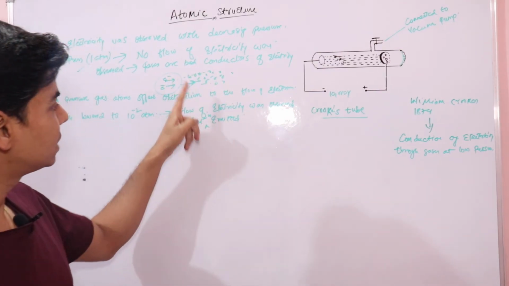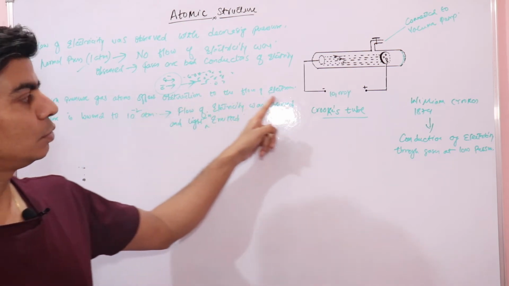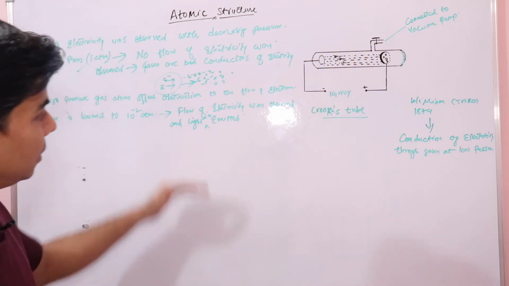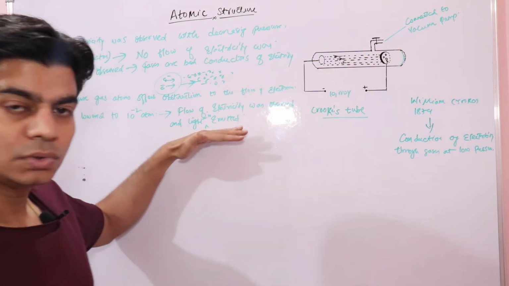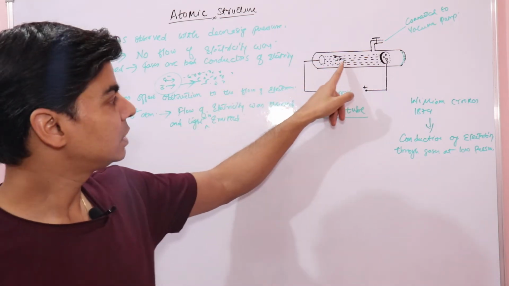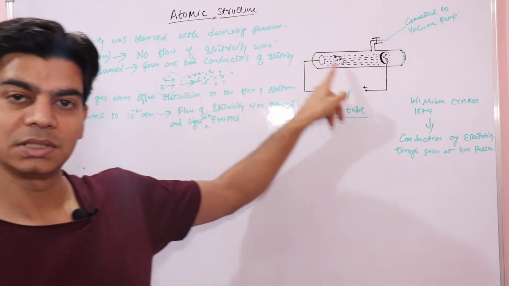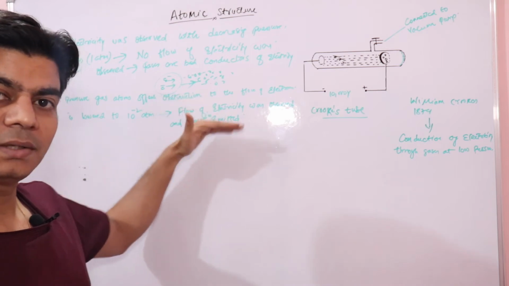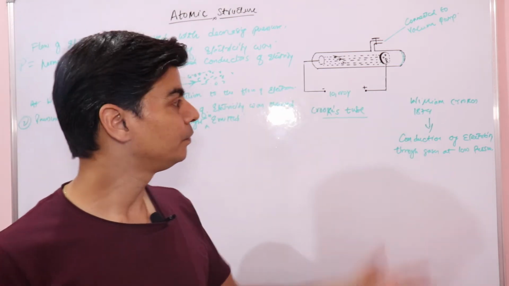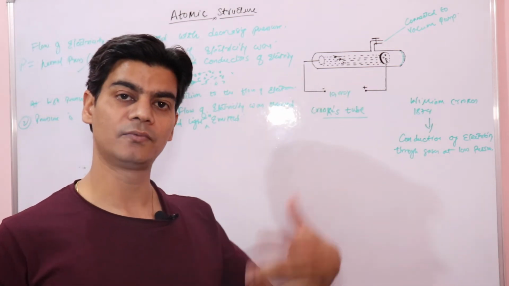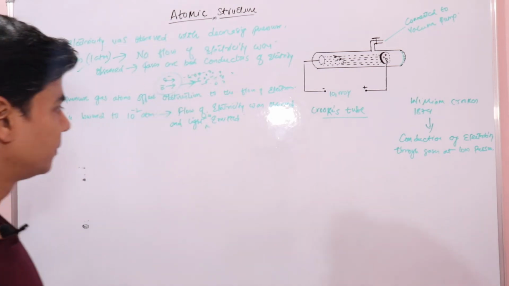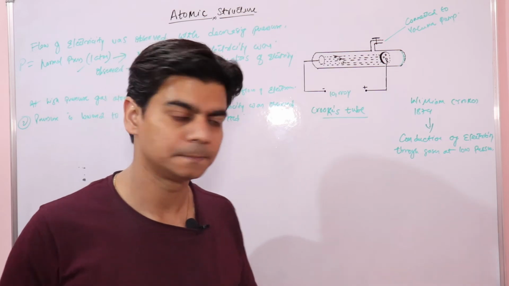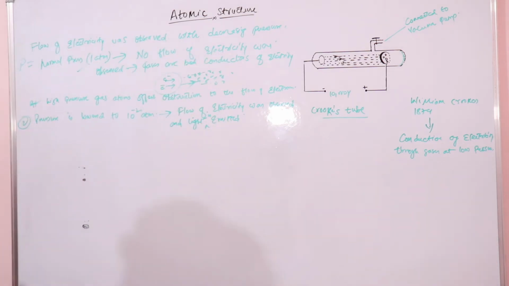So these gaseous atoms were offering obstruction to the flow of electrons, hence no flow of electricity. But when we reduce the pressure by reducing the gaseous atoms inside the discharge tube, we noticed that electricity started flowing, and there is also emission of light. What could be the reason now?